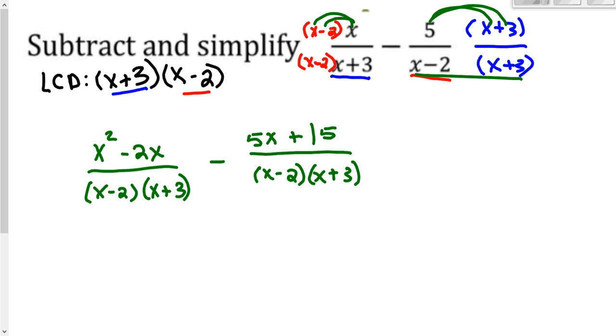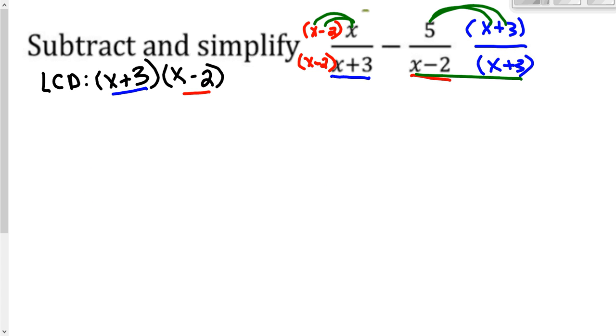Now we can subtract, but we want to be careful here. So now that we've figured out what we have to multiply each side by so that we have our lowest common denominator, we're actually going to multiply our numerators out, but when I do that, I'm going to make sure I put them in parentheses.